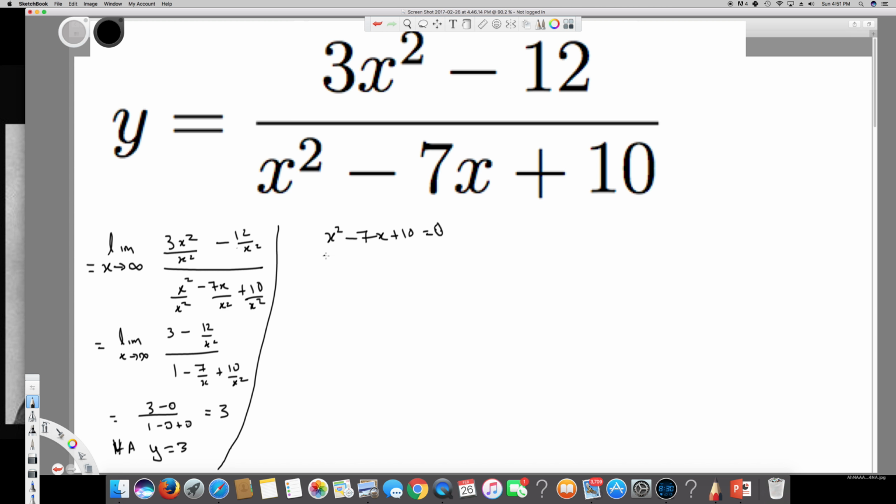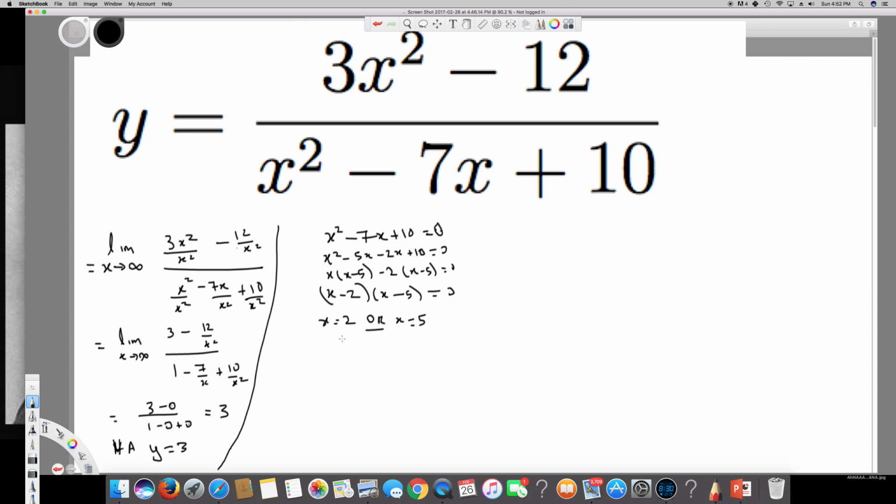Minus 5 and minus 2 will work. x square minus 5x minus 2x plus 10 is equal to 0. I can take x common, x minus 5, and I can take minus 2 common, x minus 5, equal to 0. So we have x minus 2 times x minus 5 equal to 0, so x can be 2 or x can be equal to 5.